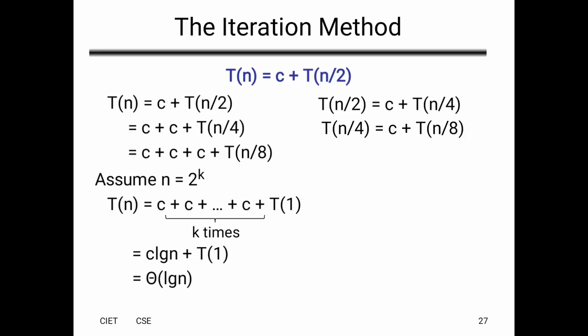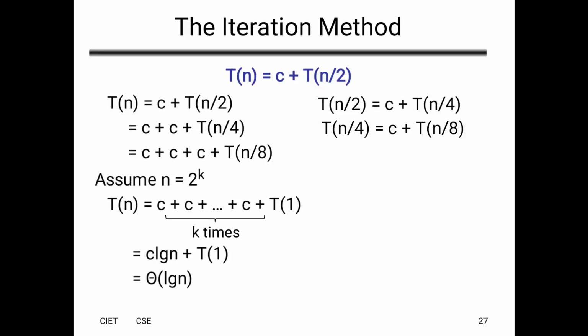Each division increases the conquering cost. Assume n is equal to 2 power k, so we can substitute k times. So t of n is equal to c log n plus t of 1, and the time complexity is theta log n.